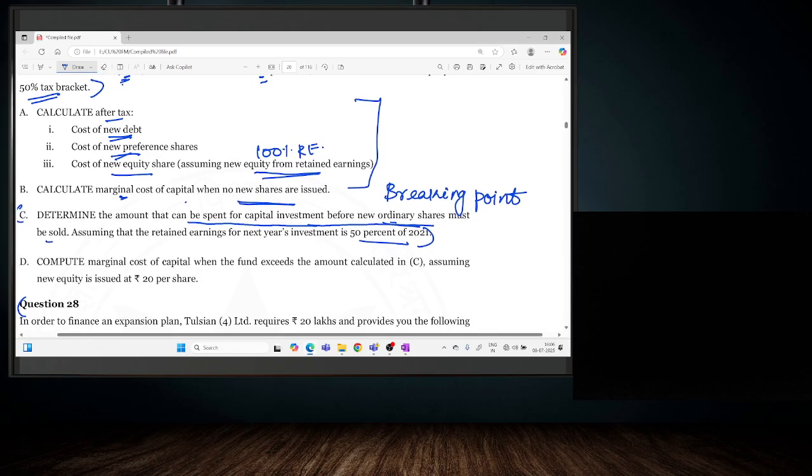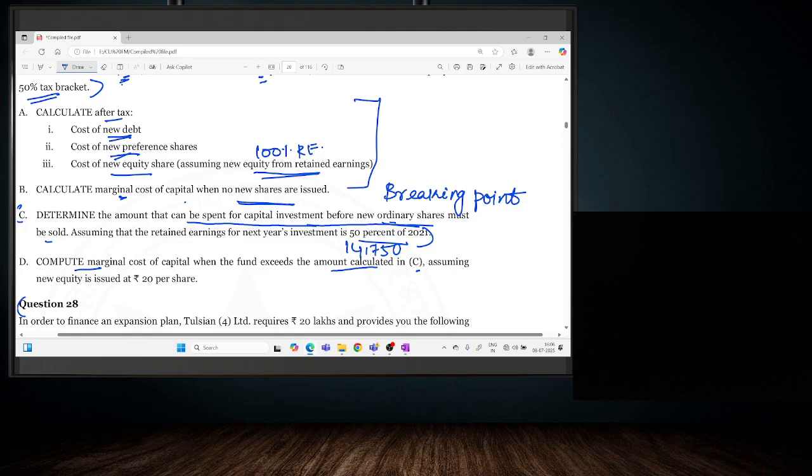Now look at the D requirement. Compute marginal cost of capital when the fund exceeds the amount calculated in C. So what is the amount we calculated in C? 14,750. What if we are raising capital more than 14,750 rupees? In that case, what will be the marginal cost of capital?